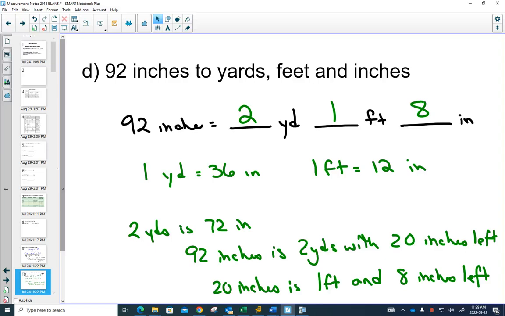So some people would start with 7 foot 8, and then they would use 1 yard is 3 feet. Can you see if I did the 7 foot 8 first? Then I take my 7 and say, oh, every 3 makes a yard, so 7 would be 2 yards. I'd have 1 foot left.